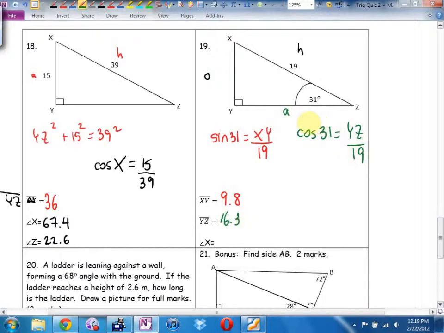You did, and you used cosine? And you had the YZ on the top? Ah, so you did accidentally hypotenuse over adjacent. There. So you get half a mark. Okay? So you got the right trig function. The angle: 180 minus 90 is 90, minus 31 is 59?